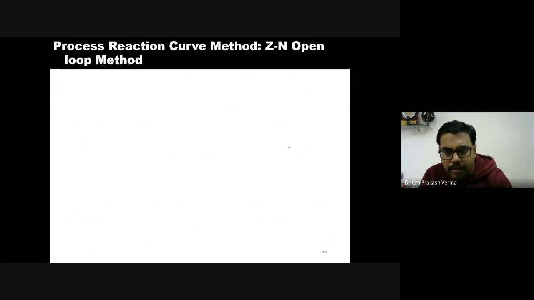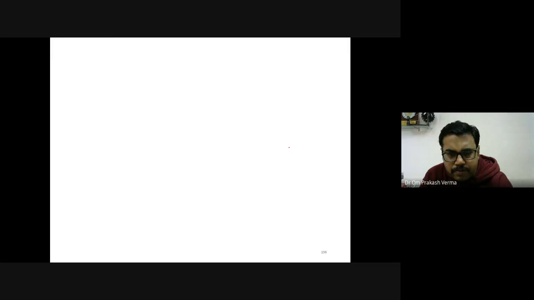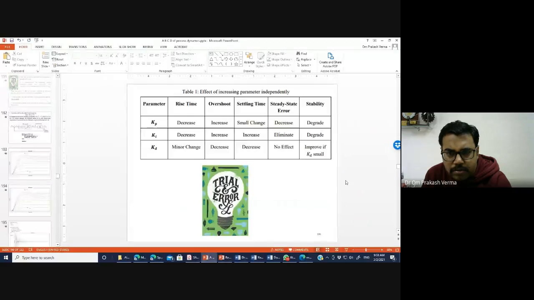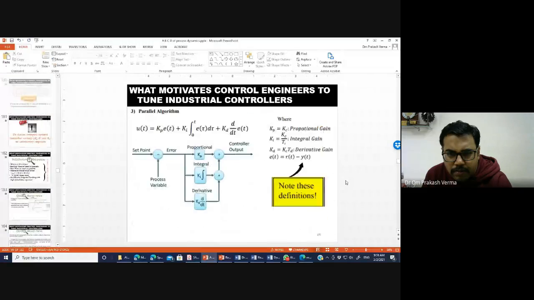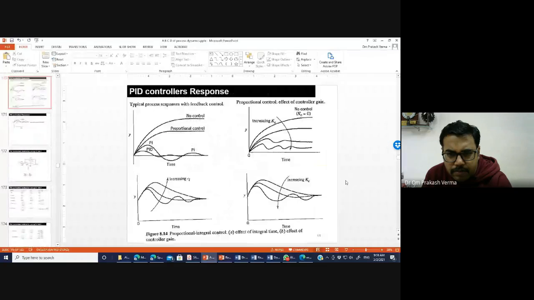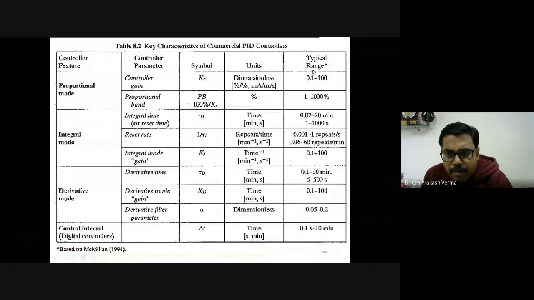We have already seen it in one example, I think. See, the typical range is from 0.1 to 100, right?